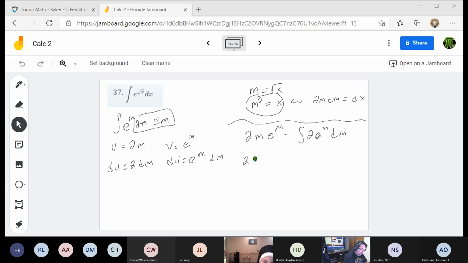So I have 2m e to the m minus 2 e to the m plus c. Then the final thing we have to do is we can't leave it like that. We have to change it all back to the x's. So it's 2 square root of x, e to the square root of x, minus 2e to the square root of x, plus c.